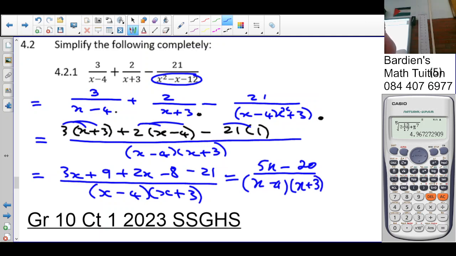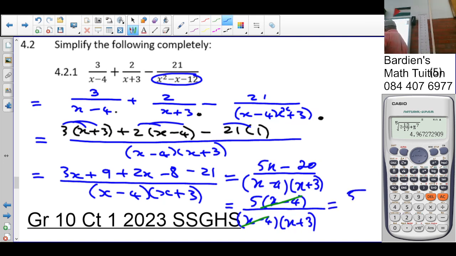So hang on. What is common here in the numerator? 5. Then I'm left with x minus 4 over x minus 4, x plus 3. So what happens now? Cancel. Leaves you with 5 over x plus 3. And that is how you get 5 marks.